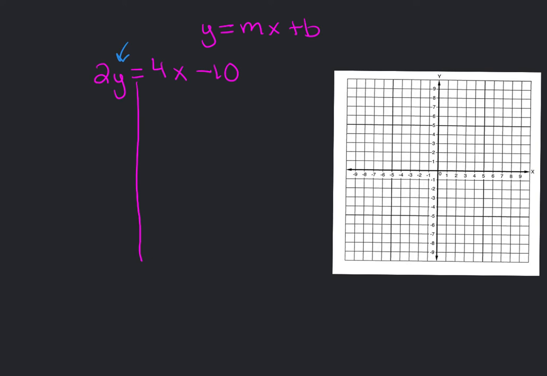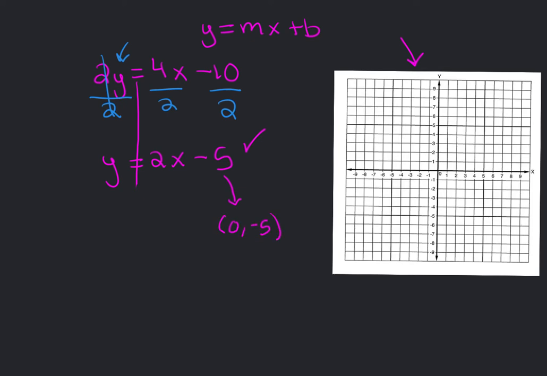So I need to divide by 2, which means I need to divide everything by 2. So y equals 2x minus 5. So it's in the correct form. Now we want to graph it. So the number at the end is the y-intercept, 0, -5.